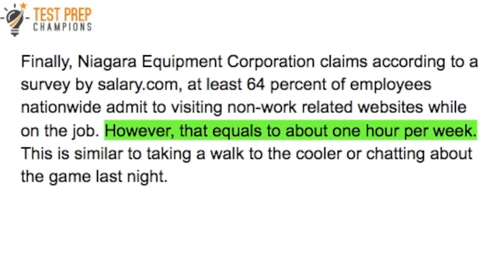You have your first sentence here, but then you could say that the Niagara Corporation cites this study, but this survey from salary.com is not credible, or that Ms. Timmons doesn't mention the whole survey results, and that Honoria Bell tells us here that the survey goes on to say that this is only equal to about 1 hour per week, which would be similar to taking a walk to the cooler or chatting about the game last night.